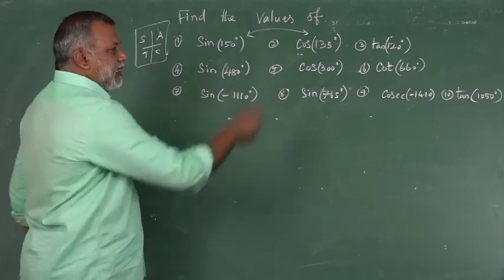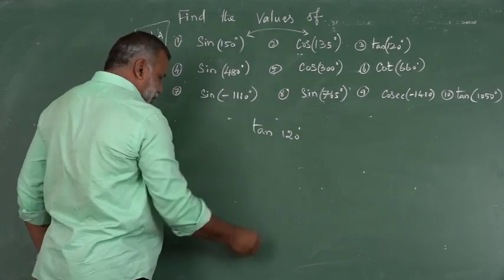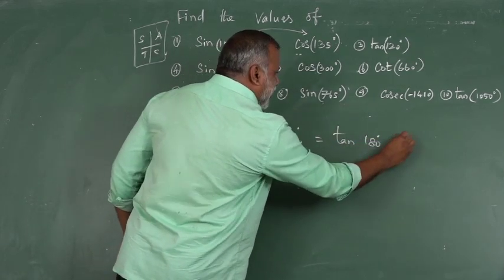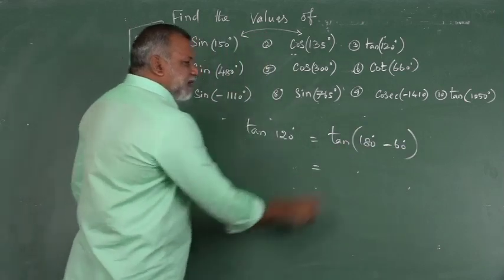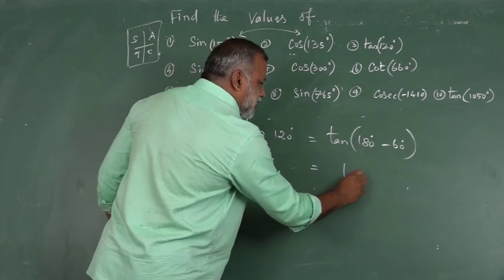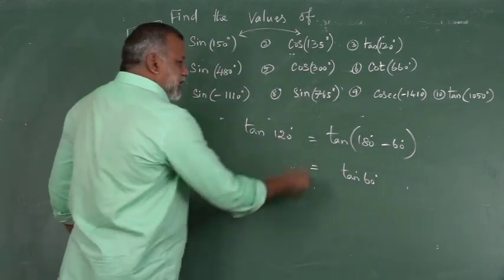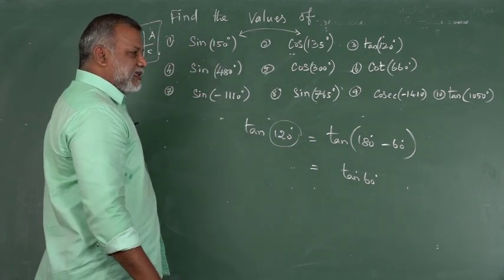Now think about tan 120. The third question is tan 120. Tan 120 means tan of 180 minus 60. Use only one method. If 18 comes, it means same function. Instead of theta, we are getting 60 degree. So tan 120 can be put in the form of 180 minus 60.